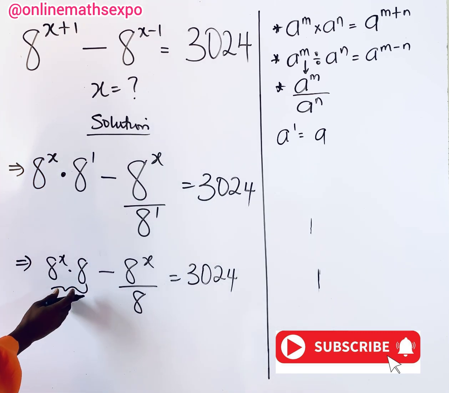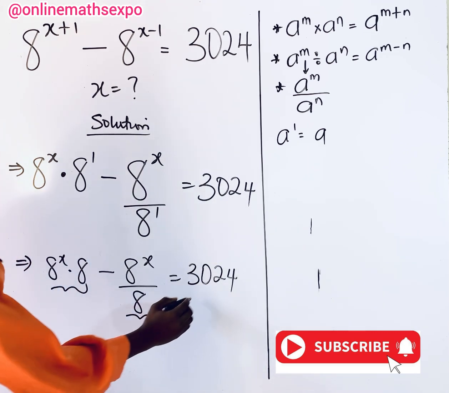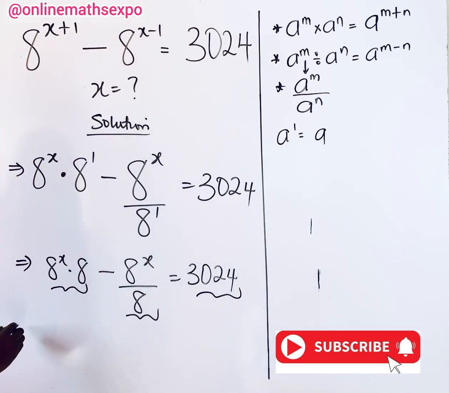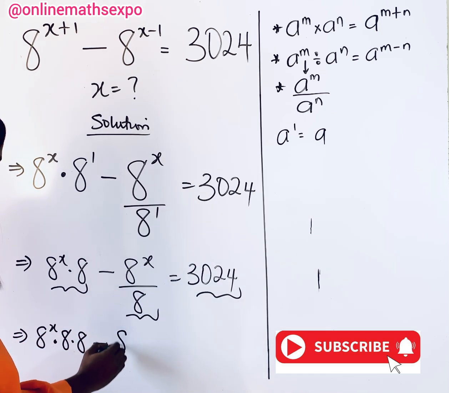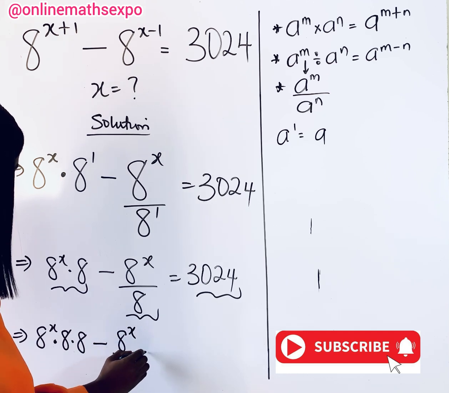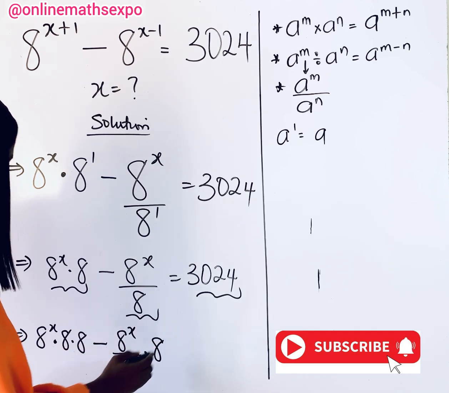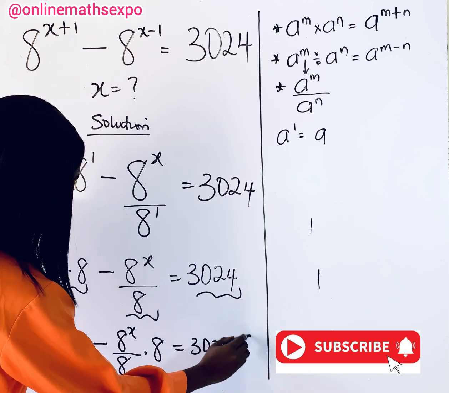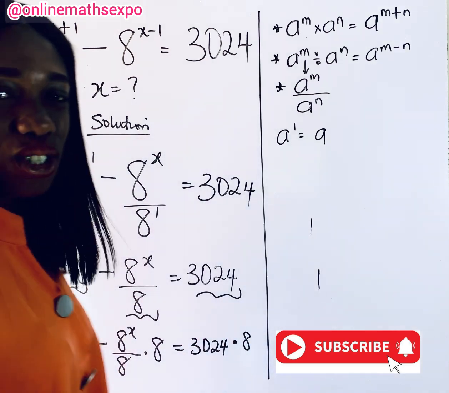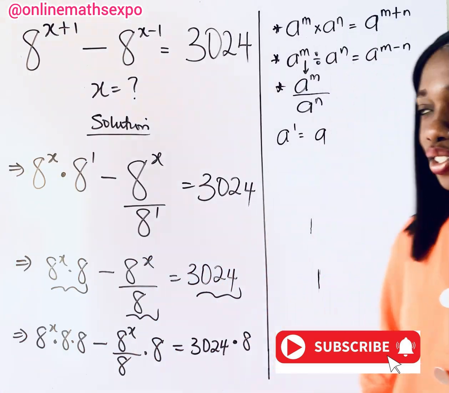Remember, these are together. This one is on its own and this. So we're going to now have 8 to the power of x multiplied by 8, then multiplied by this denominator, minus this over 8, then multiply also by 8, is equal to 3024 multiplied by 8. The reason is just to clear the fraction for easy solving.